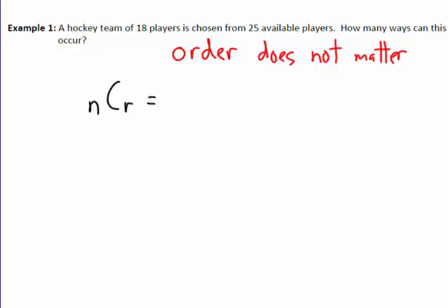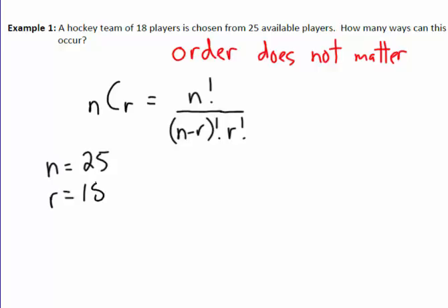And nCr, remember the new equation is n factorial over n minus r factorial, same as the permutation. We just add another r factorial. In this case, n is the number of people we have to choose from, and r is the number of positions.